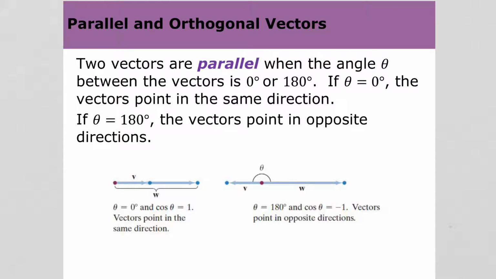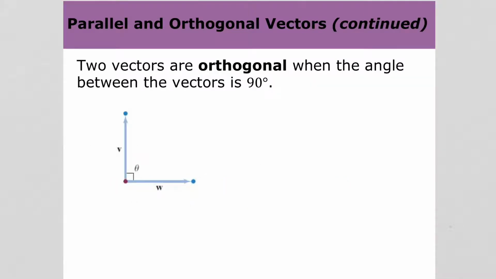So to test and see if vectors are parallel, then that would be if we have vector v and vector w and you find their dot product.